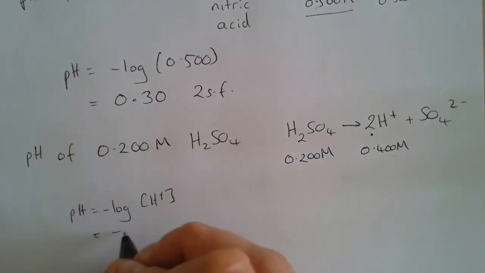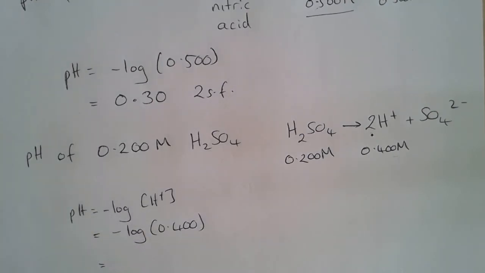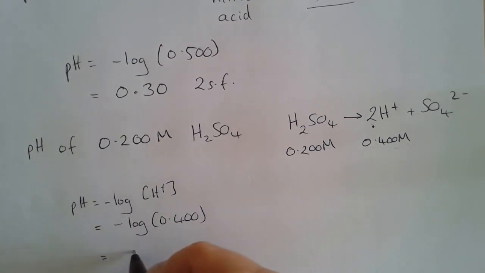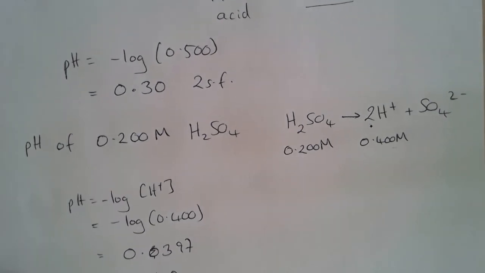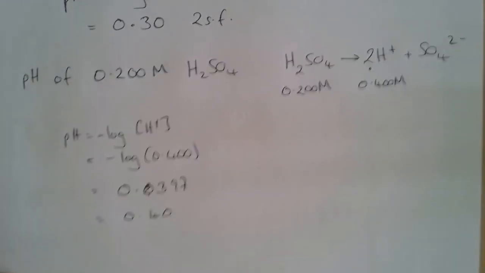So it should be negative log of 0.400, which gives us a pH of 0.397, which to two significant figures will be 0.40.